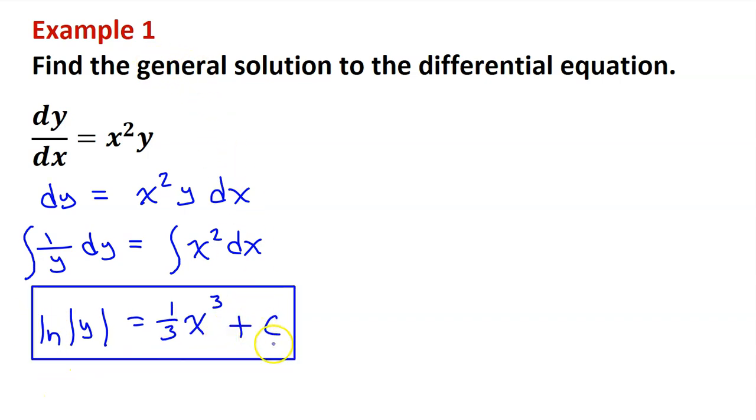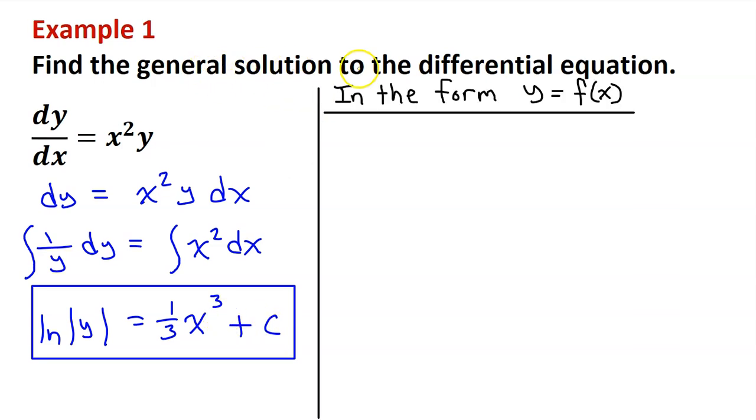General means that we don't have to find the value of c. The directions did not say that we had to find the solution in the form y equals f of x, but often the directions do say that. So let's practice this. That means we have to get y by itself in this equation. We can eliminate the natural log part by dropping a base e on both sides of the equation.